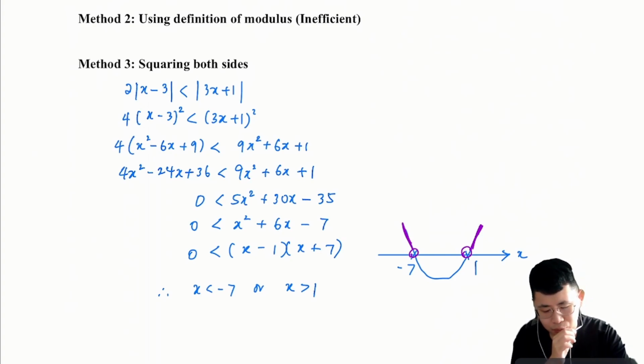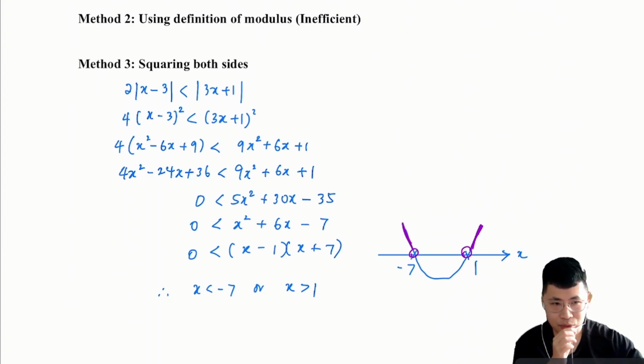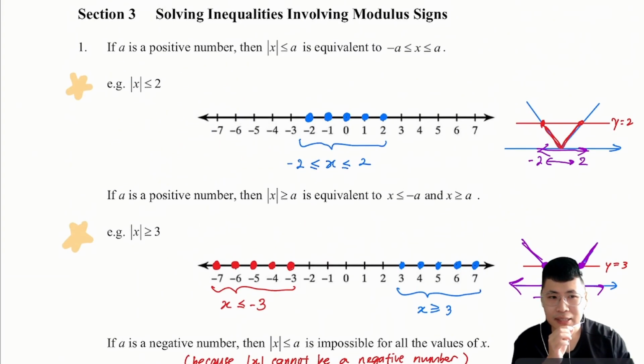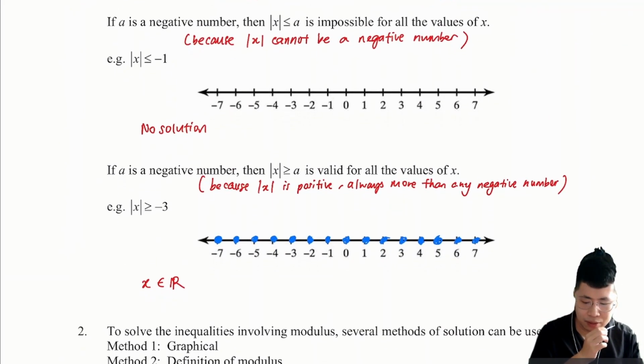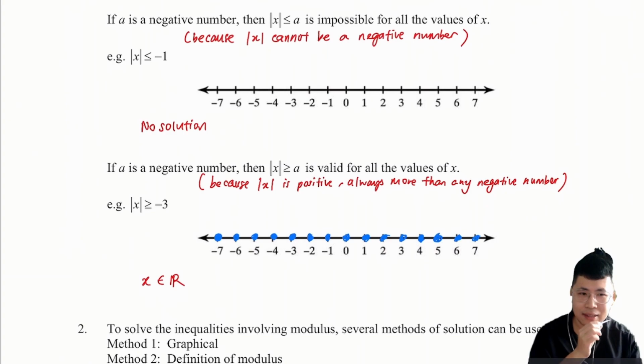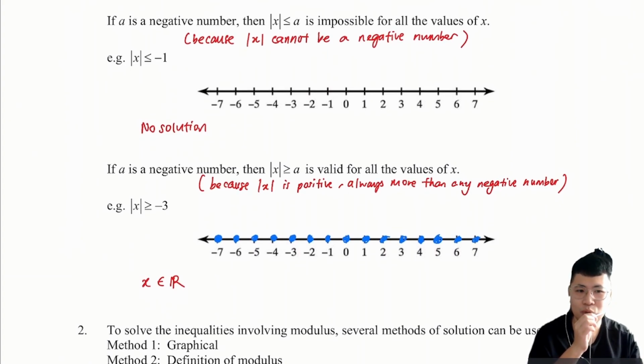Now, let's recap what we just went through. The definition of modulus gives us these 2 important properties, and for this one, we will just observe and say that there's either no solution or the solution is all the real numbers.